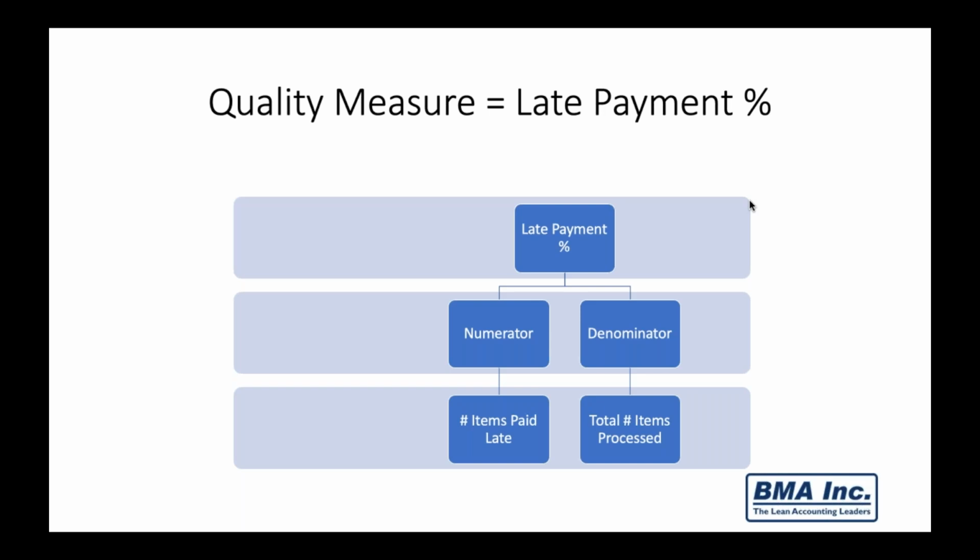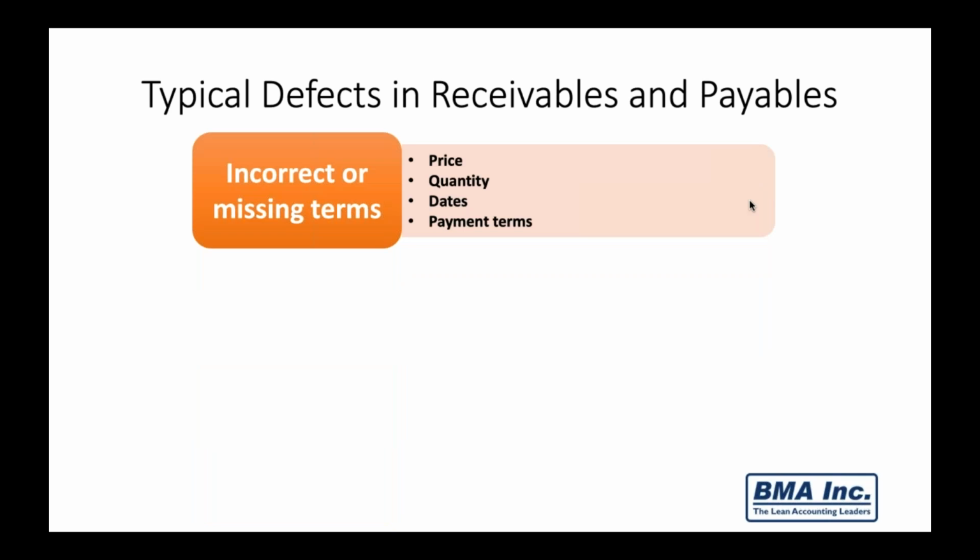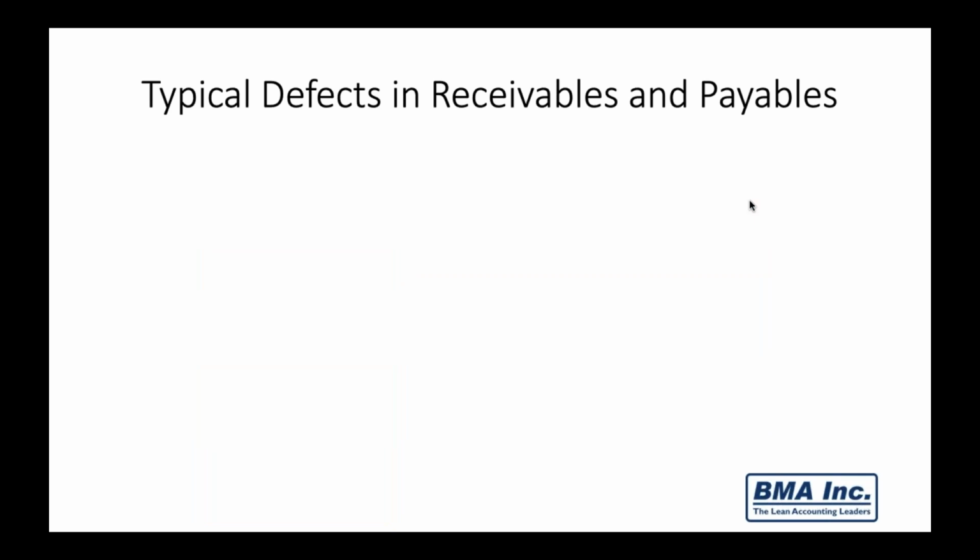The purpose of the measures is to reveal defects. Sorry, I went too fast. We want to reveal the defects. We may know intuitively that we have problems.